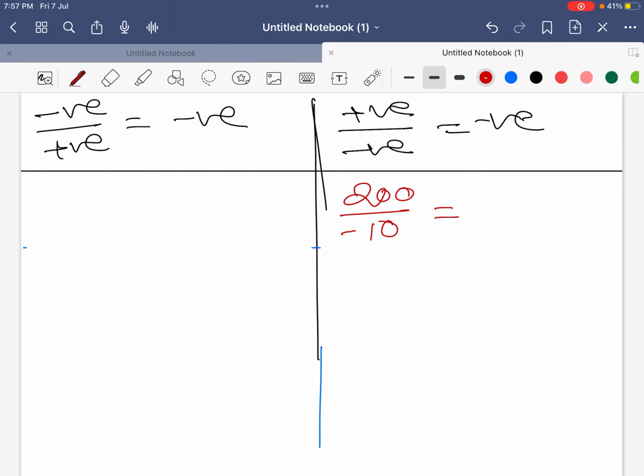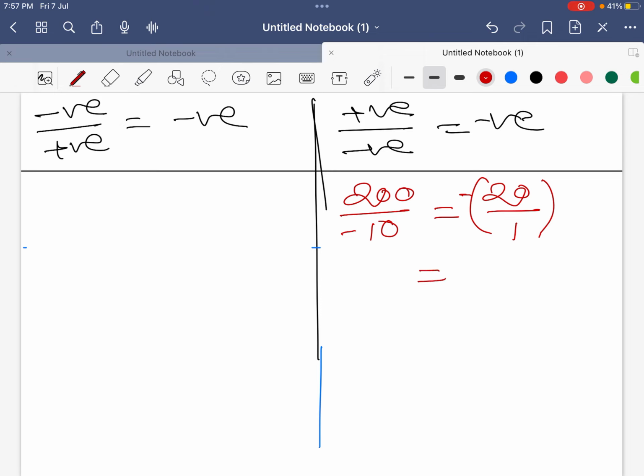So in this case we know that 10 ones are 10, 10 20s are 200, so we get 20 upon 1. But this minus, just consider this minus as common, or take it outside the bracket. So we get 20 upon 1.